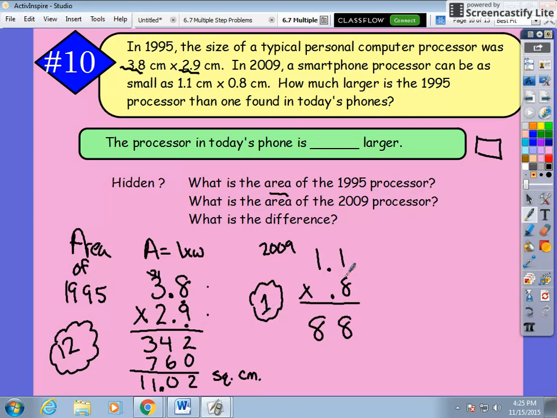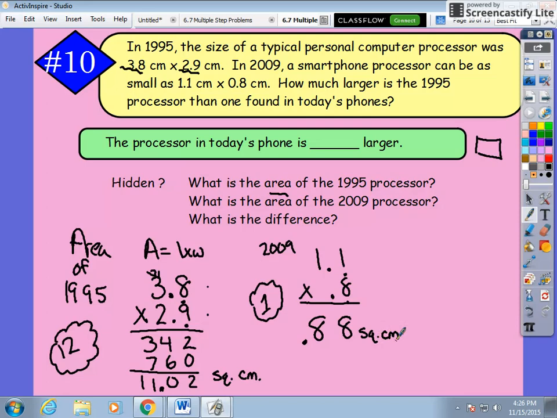I have 1 place to the right in my first factor, 1 place to the right in my second factor, I need to have 1 plus 1, I need to have 2 places in my answer. All of these will bring me to putting my decimal point before that first 8, so that I have hundredths, I have 88 hundredths. I need to label that as square centimeters.